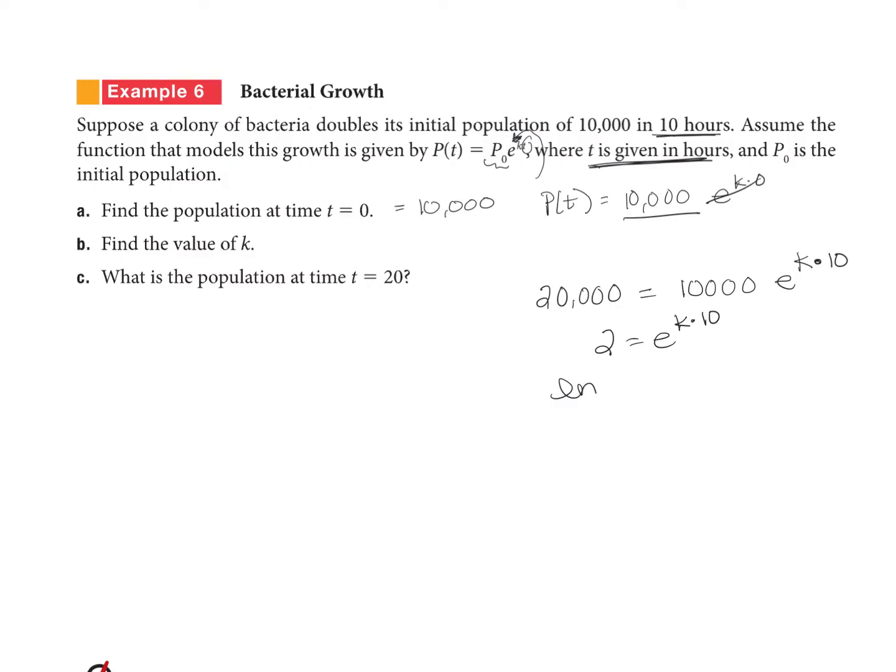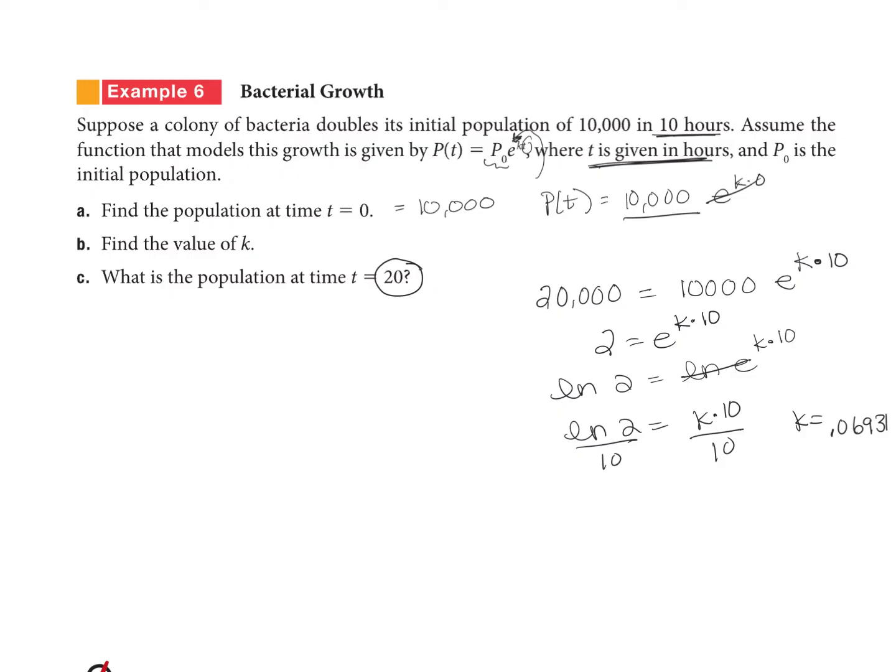Take the natural log of both sides. That cancels. Get natural log of 2 equals k times 10. Solving for k, divide both sides by 10. k equals natural log of 2 divided by 10 is 0.06931.